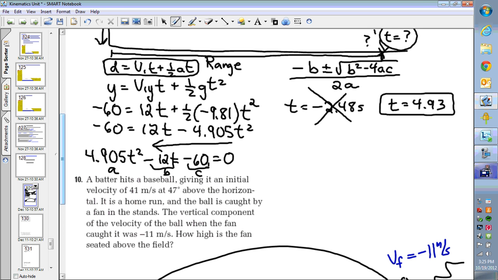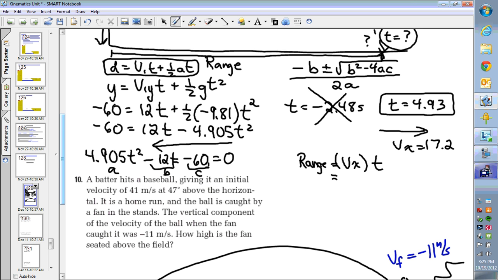So if you know how long it was in the air, you can use that time because that's also how long it was moving sideways with the Vx speed of 17.2 meters per second. So we can get our entire range by using the x speed and the time.